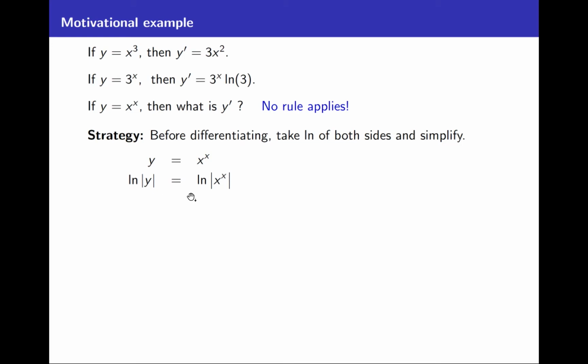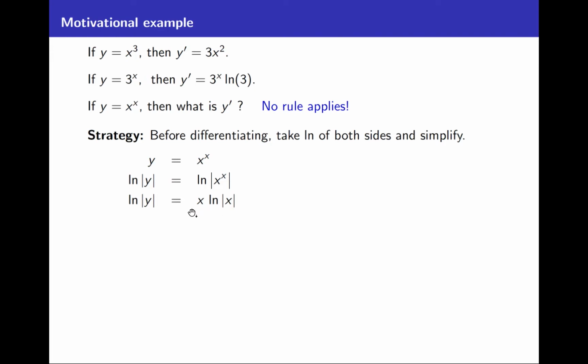Why would we do this? Well, remember on the previous slide, we had a property involving ln of a to the power of b, or ln of the absolute value of a to the power of b. It was b times ln of the absolute value of a. So applying that rule over here on the right, we get ln of y equals x times ln of the absolute value of x.